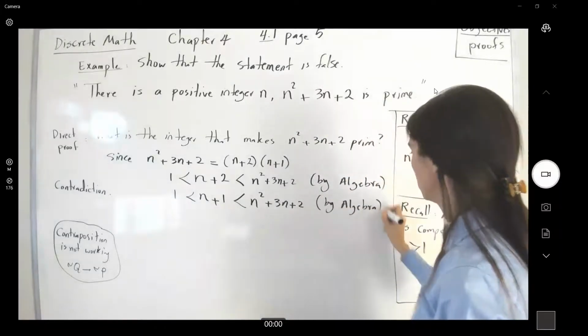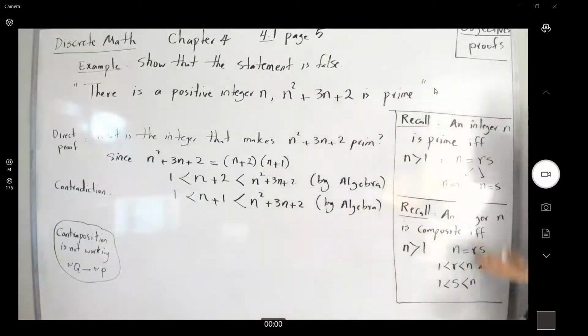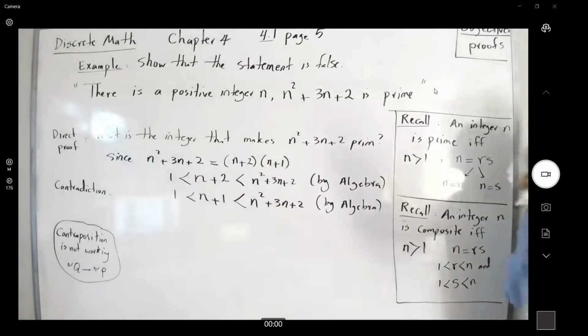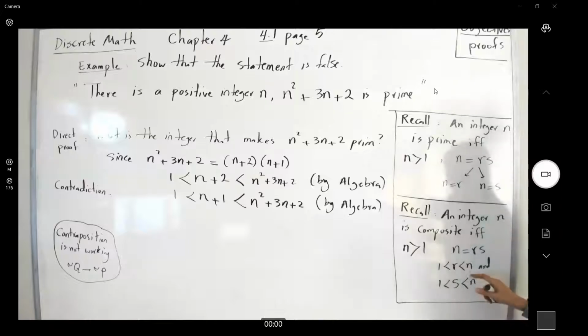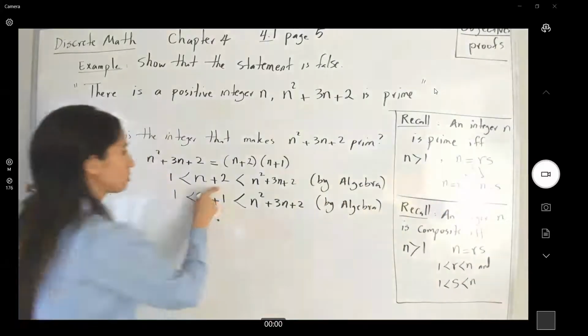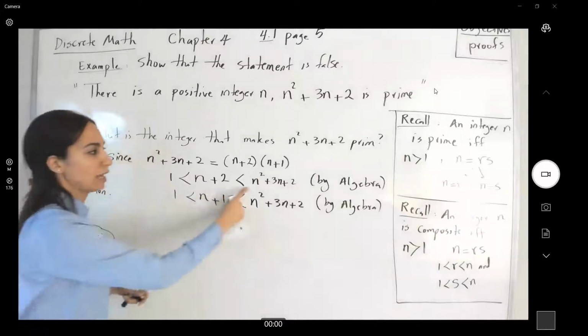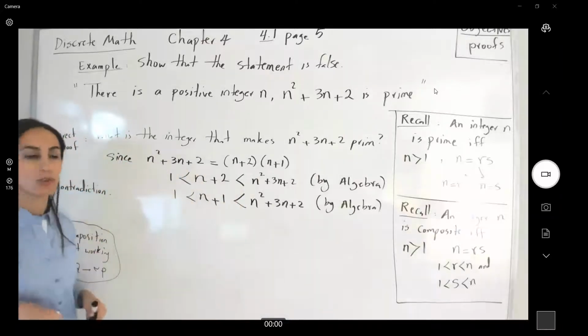But hey, we already defined a composite number. A composite number is a number greater than 1 which, if you can write it in factored form, those factors are greater than 1 and less than the number. As you can see, these two factors are greater than 1 and less than the expression, or eventually our number.